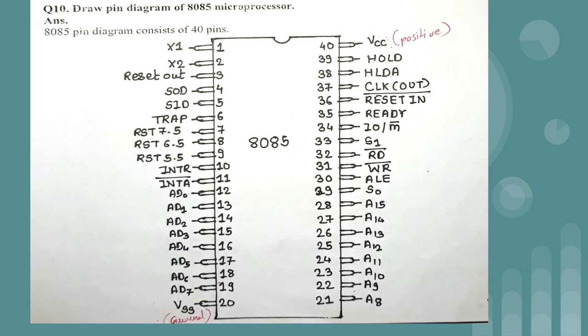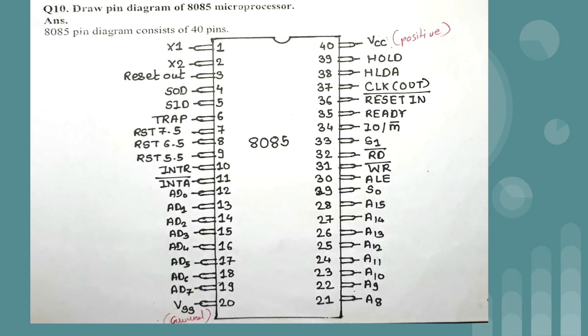Okay, so these are the 40 pins: X1, X2, reset out, then we have SOD, SID. Then there are all the interrupt related pins, like TRAP, RST 7.5, 6.5, 5.5, INTR, and the acknowledgement for the INTR, that is INTA.